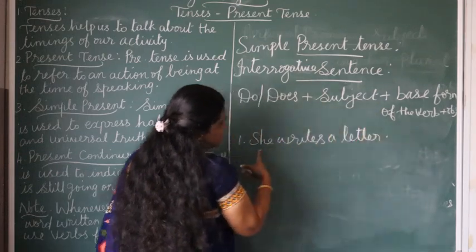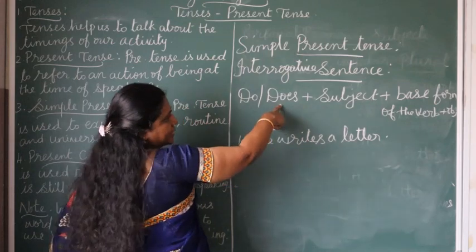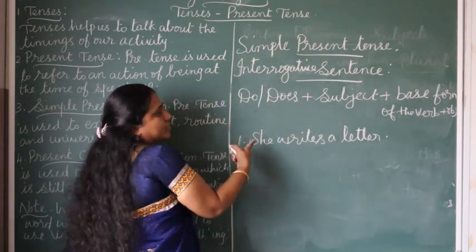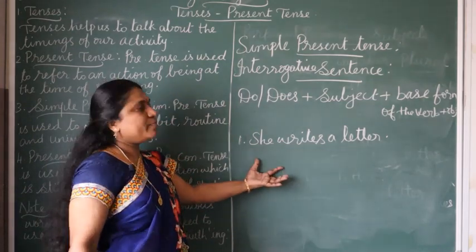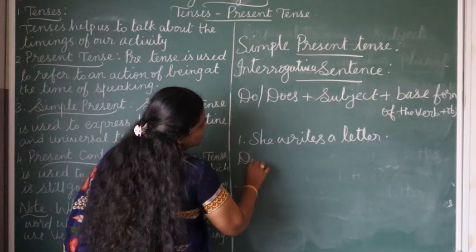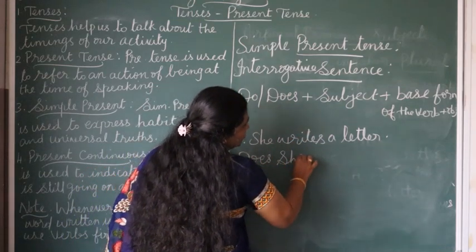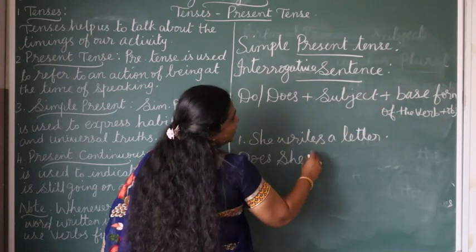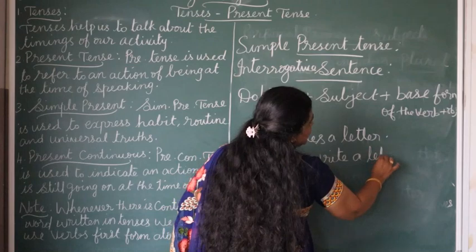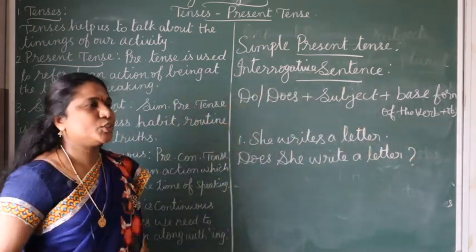Here the subject is third person singular, so we use does. In the interrogative sentence, the helping verb does comes before the subject. So, does she write a letter, question mark. At the end of the sentence we put a question mark.